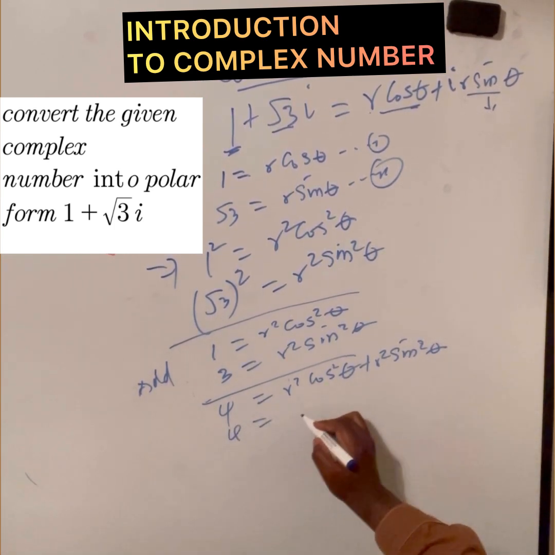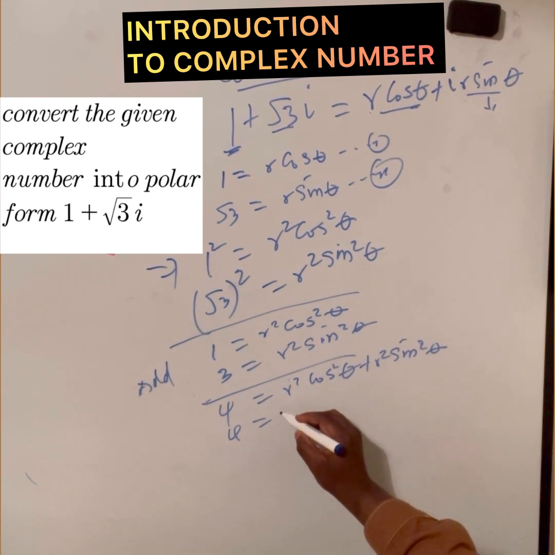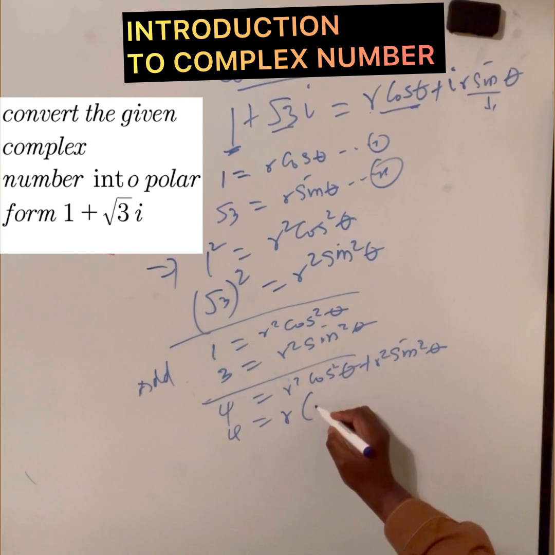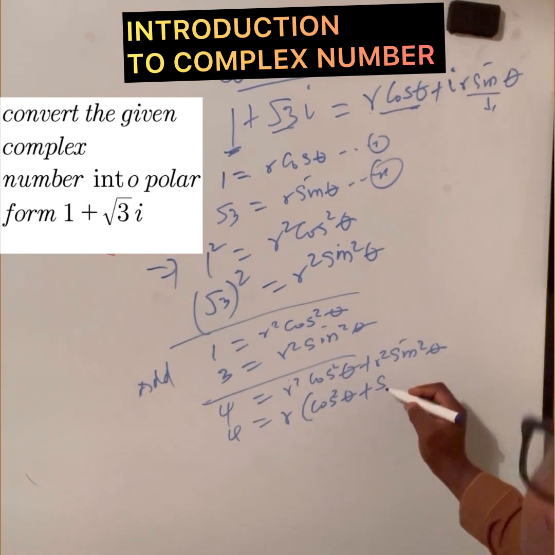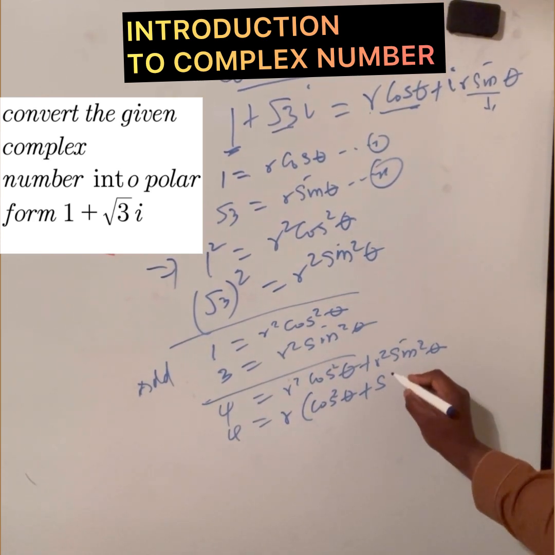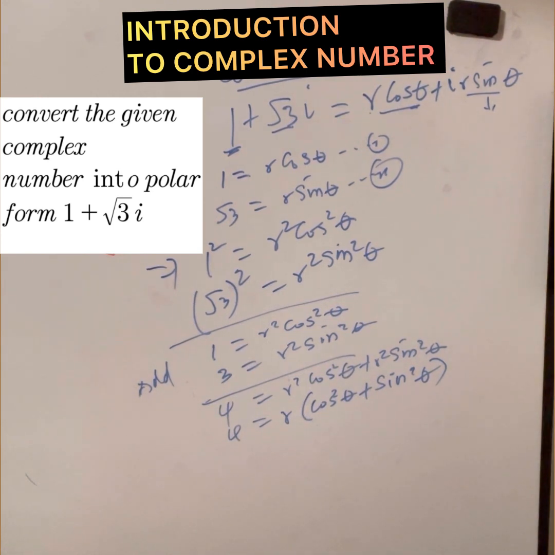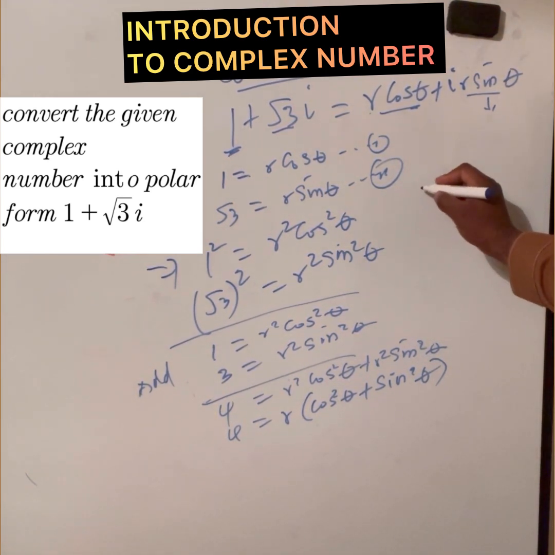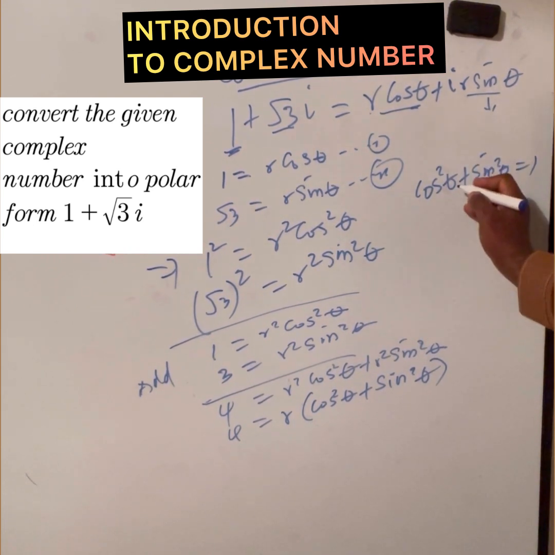That is 4 is equal to, I'll factorize it because r squared is common. That's going to give me r squared bracket cos squared theta plus sine squared theta. Okay, the next thing to do is, remember that in trigonometry, cos squared theta plus sine squared theta is equal to 1.